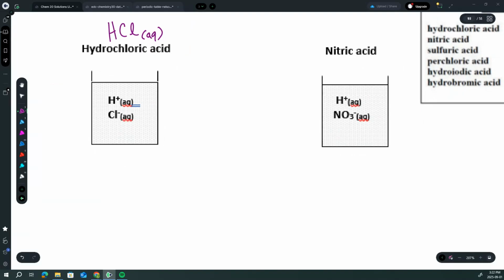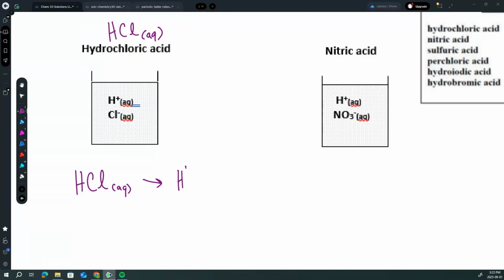So if we were to write the ionization equations for these, for hydrochloric acid, we would go hydrochloric acid, aqueous, and since it's aqueous, we don't need to write water over top of the arrow. So then we're just going to go H+, aqueous, chloride, aqueous.